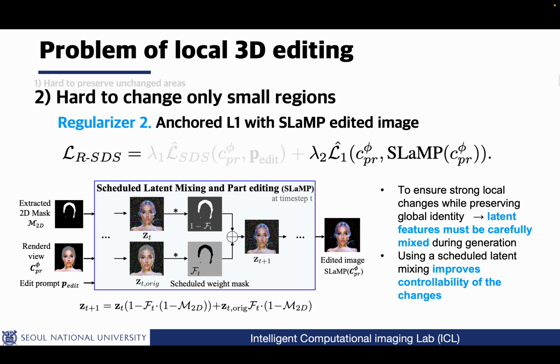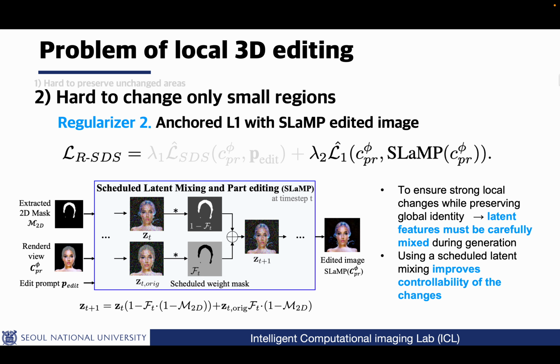To ensure strong local changes while preserving global identity, latent features must be carefully mixed during generation. So by using a schedule factor aligned with the time step, SLAM improves the controllability of the images. Looking more closely at this pipeline, the SLAM method mixes two different types of latent: the original image latent z_t^orig and the simultaneously generating latent z_t aligned with the given prompt.